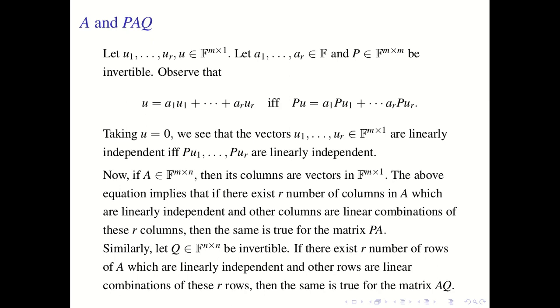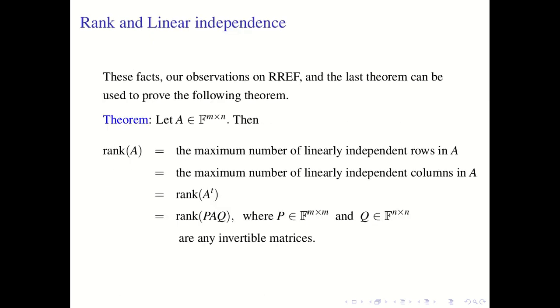Combining all these facts, we can make a very nice, useful observation. We need to use these facts that we have discussed just now, and then properties of row reduced echelon form, and the last theorem that we proved earlier.